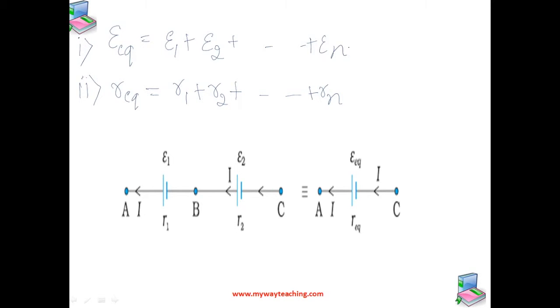If in the combination the current leaves any cell from the negative electrode, then the EMF of that cell enters the expression of equivalent EMF with a negative sign. As I said, if two cells are connected end to end with opposite polarity, then the equivalent EMF will be epsilon 1 minus epsilon 2, isn't it? That is the only difference.